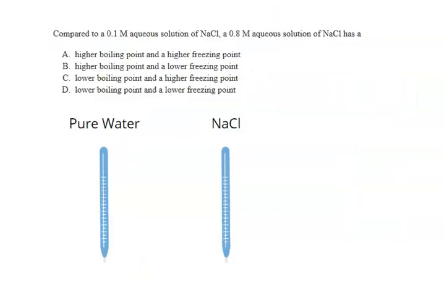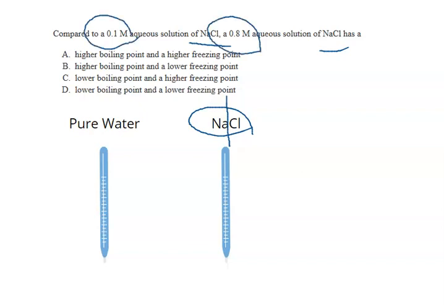In reading this question, the solute is the same for both solutions. NaCl. NaCl breaks up into 2 moles of ions for every 1 mole of NaCl. However, the concentrations are different. The more particles in solution, whether it's from the breaking apart into ions or concentration or both, the greater the effect.